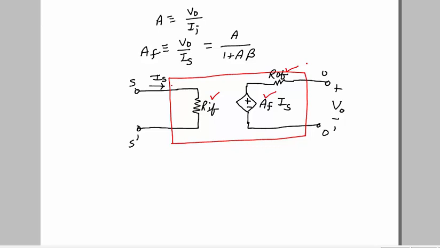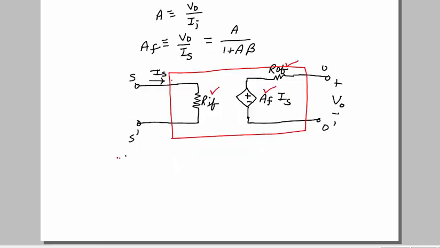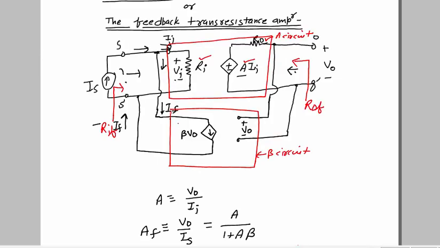Due to negative feedback, we already have seen that Ii equals Is minus IF. So I can write, due to negative feedback, Ii equals Is minus IF. Now what is IF? You see here, IF is beta V0.